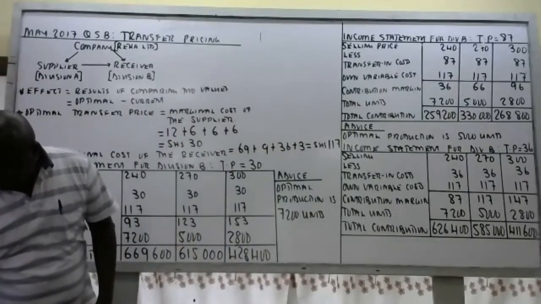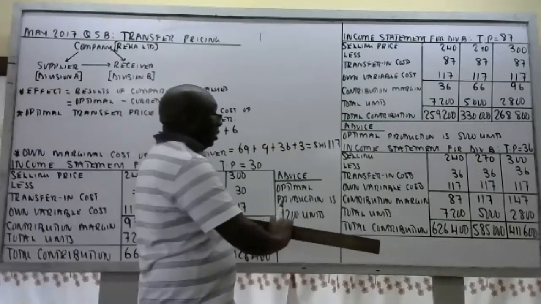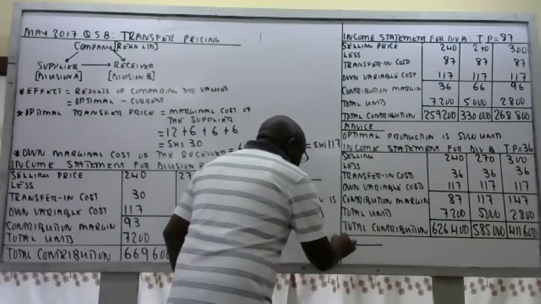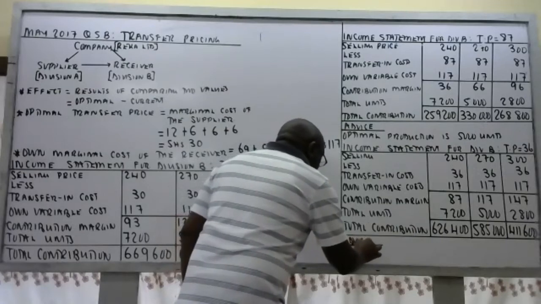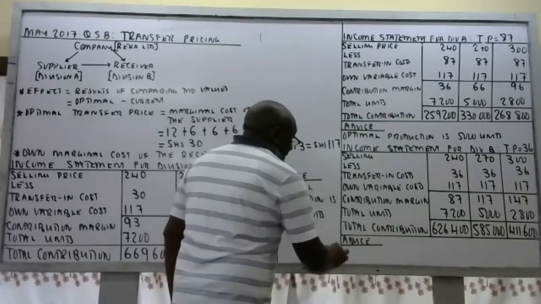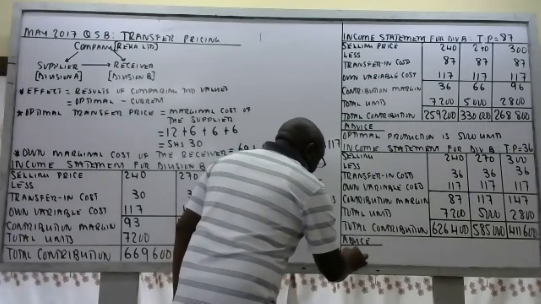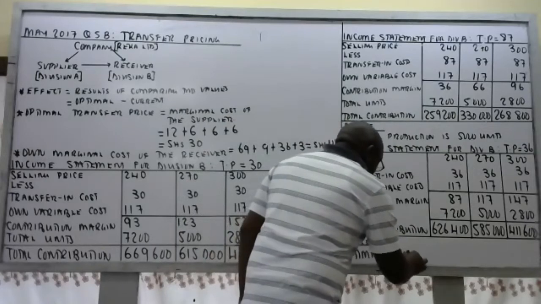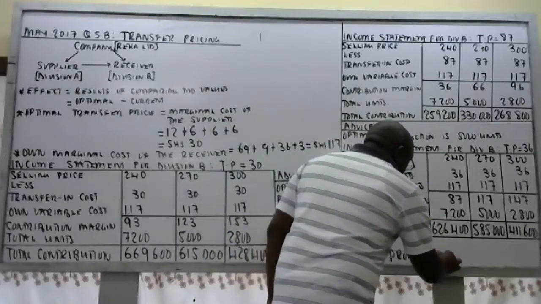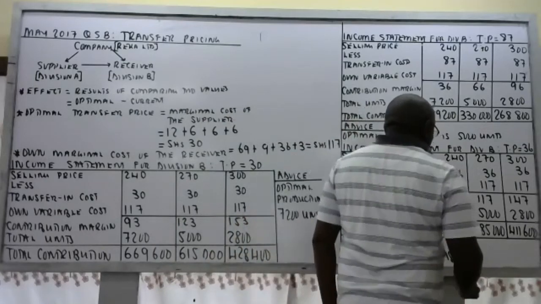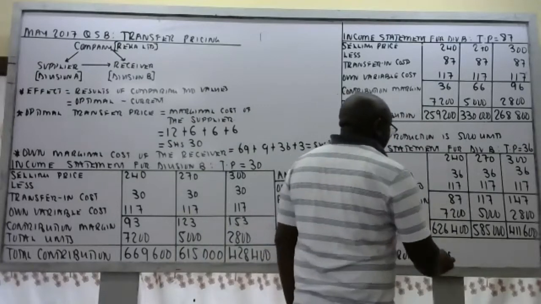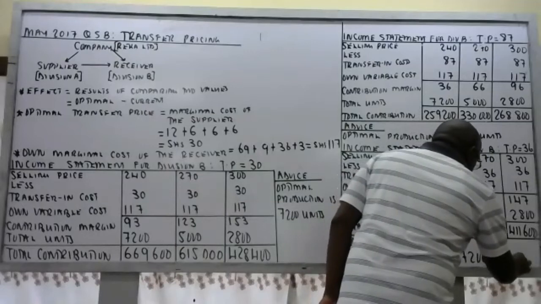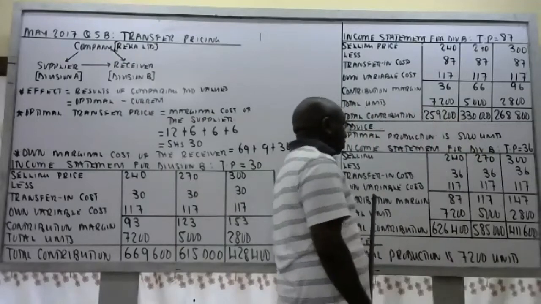So that means the advice we shall render to these guys is that optimal production is 7,200 units.